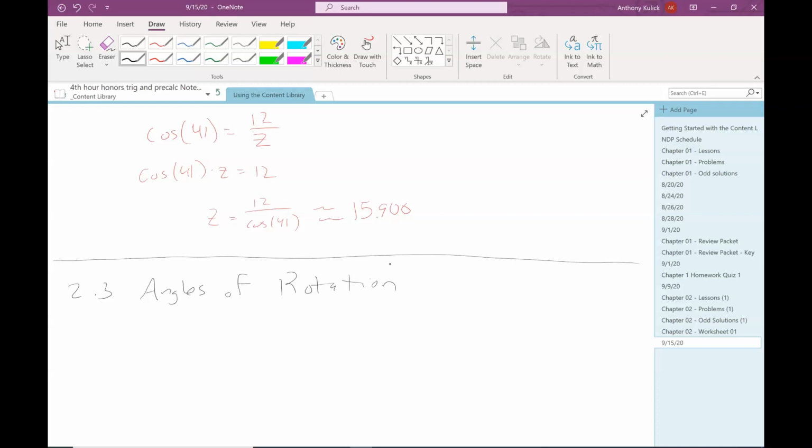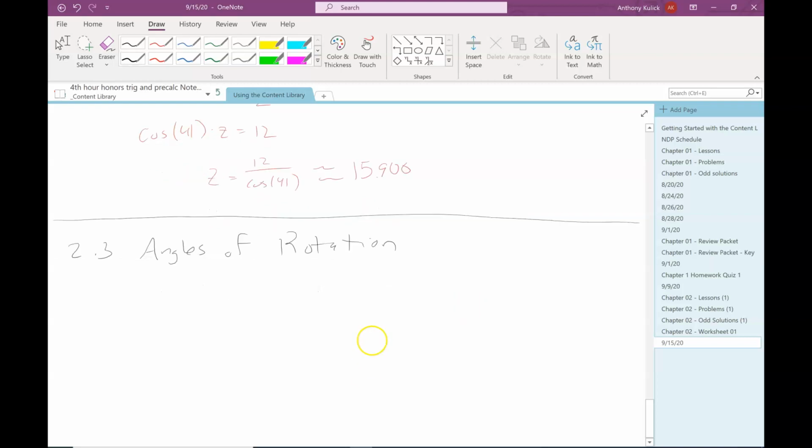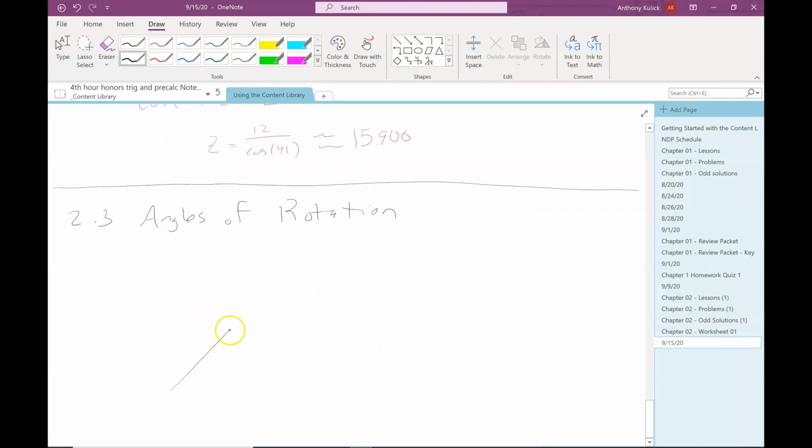So, last thing we'll talk about today is this idea of an angle of rotation. Up until this point, we couldn't define any angle that was more than 360 degrees, right? And in fact, we really didn't even bother to define angles that were bigger than 180 degrees, right? If you think back to your geometry class, we didn't really ever measure angles this way.